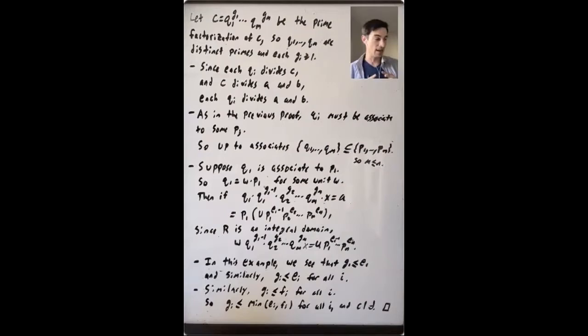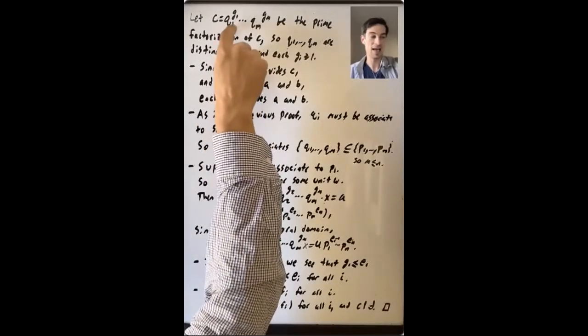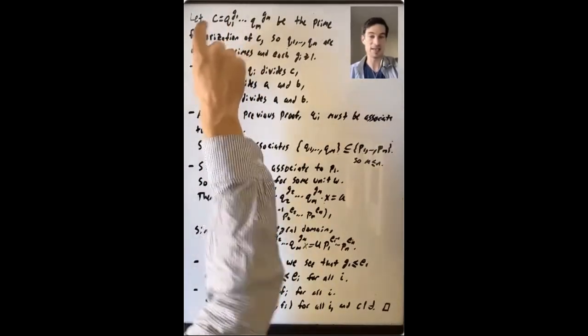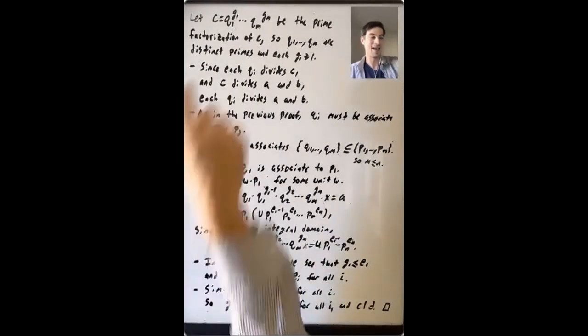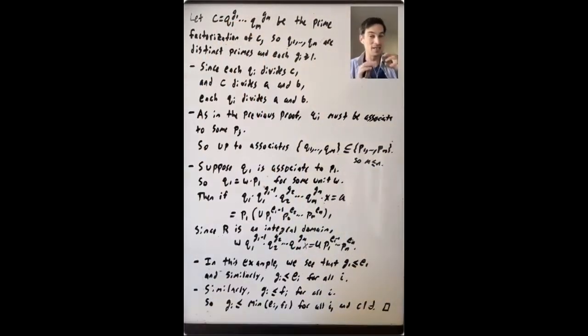But the important thing is that any irreducible that divides C, there has to be some corresponding irreducible that divides A and B. They don't have to be the same irreducible, but they're associate.